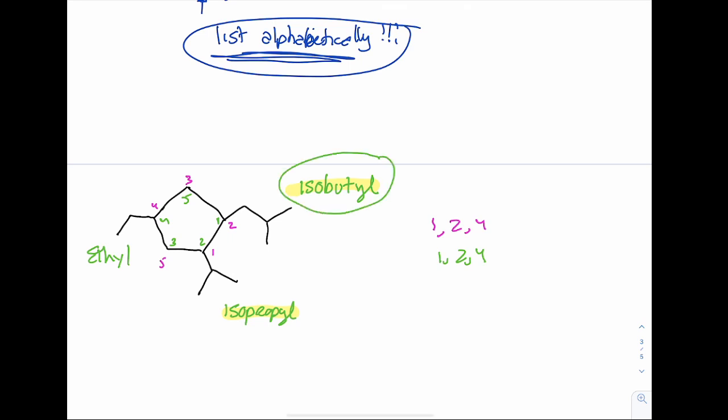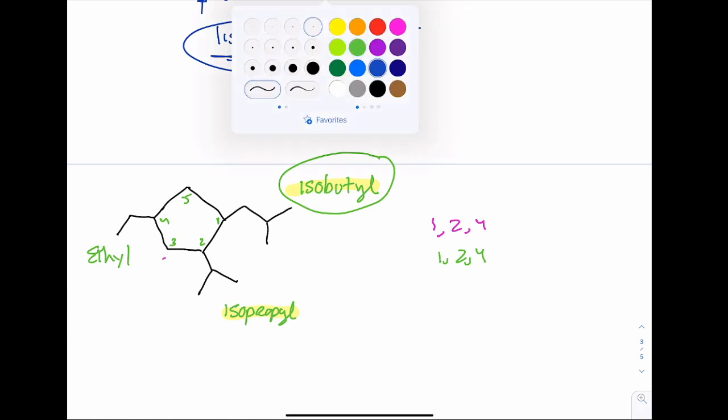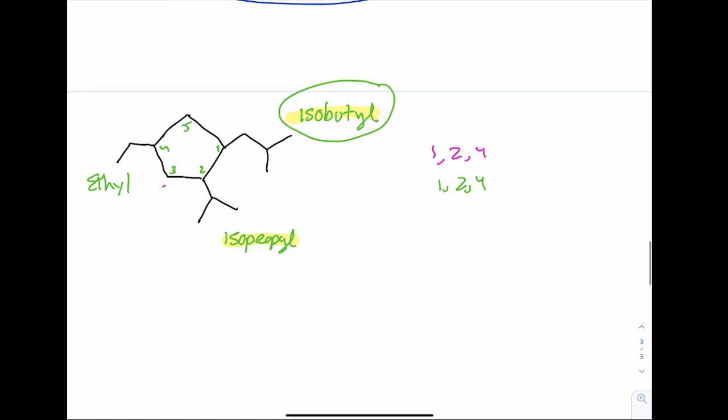So isobutyl is going to come before isopropyl when I alphabetize those, which means this time I want to use those green numbers. So 1, oops, I almost did it. What comes first in my alphabet? Yeah, E. It's okay if you have to say your ABCs. A, B, C, D, E. So 4-ethyl.